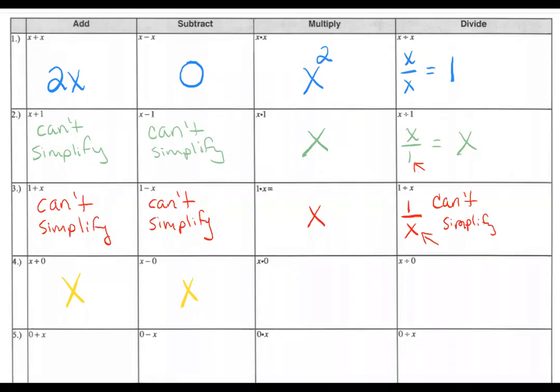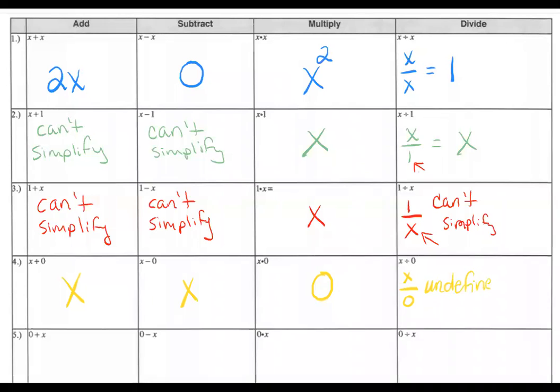For multiplication and division, if you multiply by 0, anything multiplied by 0 is 0. So we need to simplify to 0 there. And anything divided by 0, so x over 0, you cannot divide by 0. So this is undefined.